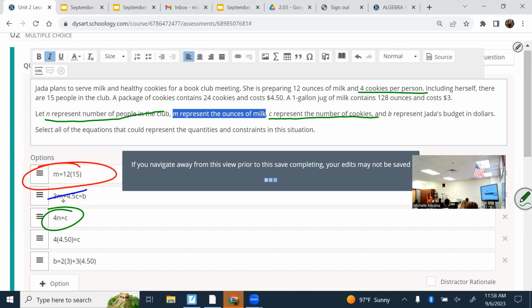Anyway, moving on. The next one is 4 times 450 equals C. So C is the number of cookies. Because she wants 4 cookies per person, should I multiply the 4 cookies by $4.50 to give me the number of cookies I need? All right, no, why not?